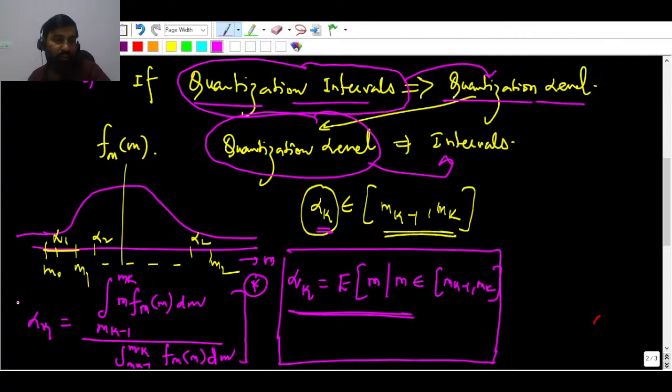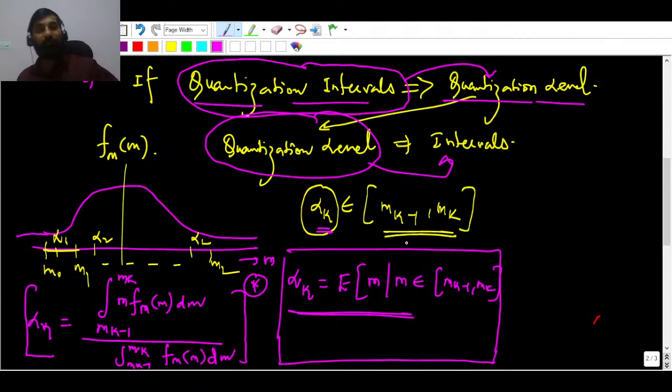With the help of this quantization level, you can really minimize the quantization error. So I will write the alpha k value again. This is also known as conditional expectation, right?